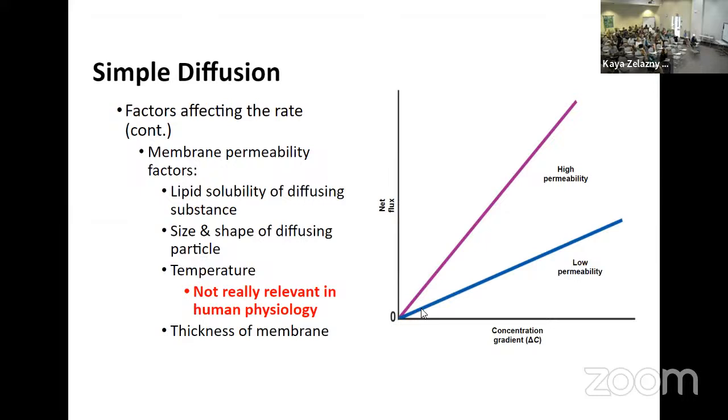So as the concentration gradient increases, the flux increases. But here we notice that if you have something that's highly permeable, so it finds it really easy to get through this membrane for a variety of factors, it's going to diffuse more quickly, so the net flux is going to be higher faster. Versus if we have low permeability of that membrane, it's going to happen, but a little slower.